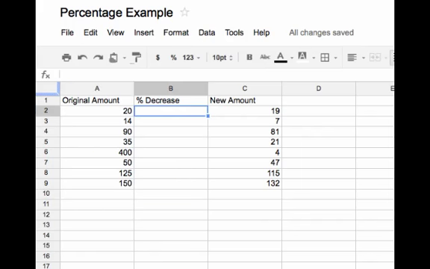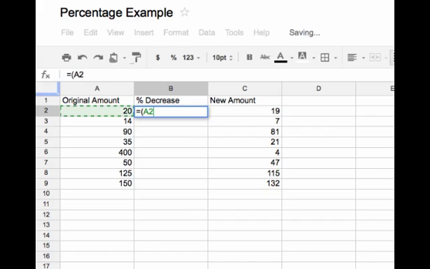So percent decrease. Most of you figured out that first we need to know what the decrease was. We start with our formula: equals that cell, A2, minus that cell. Obviously 20 minus 19 is 1.